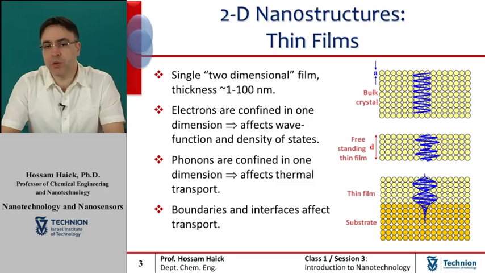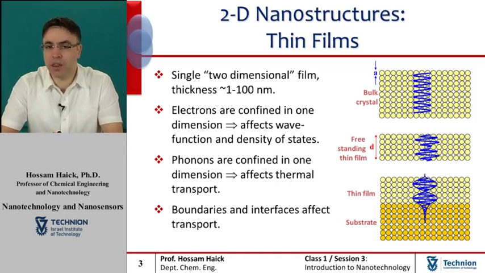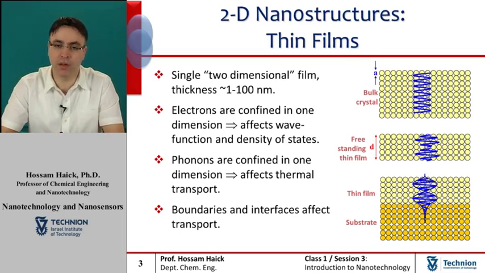One of the major groups in two-dimensional structures is the thin film, namely a two-dimensional film with a thickness that ranges between 1 and 100 nanometers. When films are very thin, their electronic and optical properties deviate substantially from those of the bulk material.